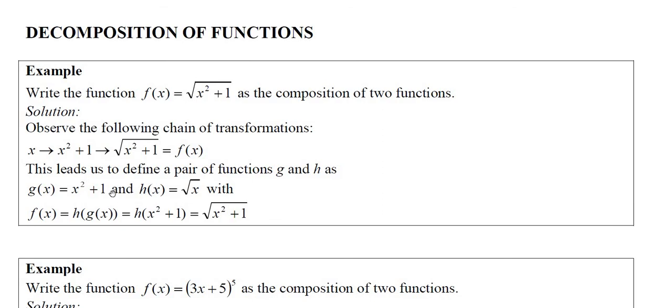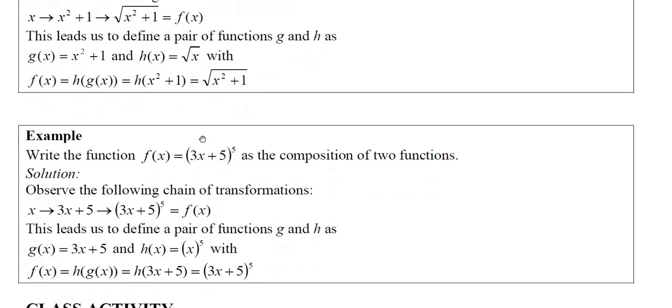Because if I put my g, which is x squared plus 1, into the x here, it will give me the square root of x squared plus 1, which is g. Okay, so it's not so difficult to decompose.